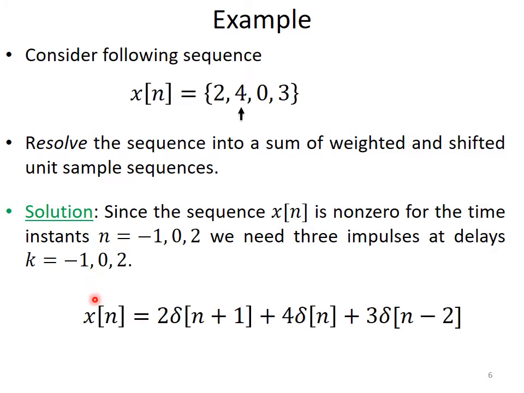So we can now write down the equation: x of n equals amplitude 2 multiplied with the impulse function with the time shift of plus 1, then another impulse function multiplied with 4 and occurring at n equal to 0, and another impulse function delayed by 2 units multiplied by 3. So this is the representation of this sequence in terms of impulse functions.